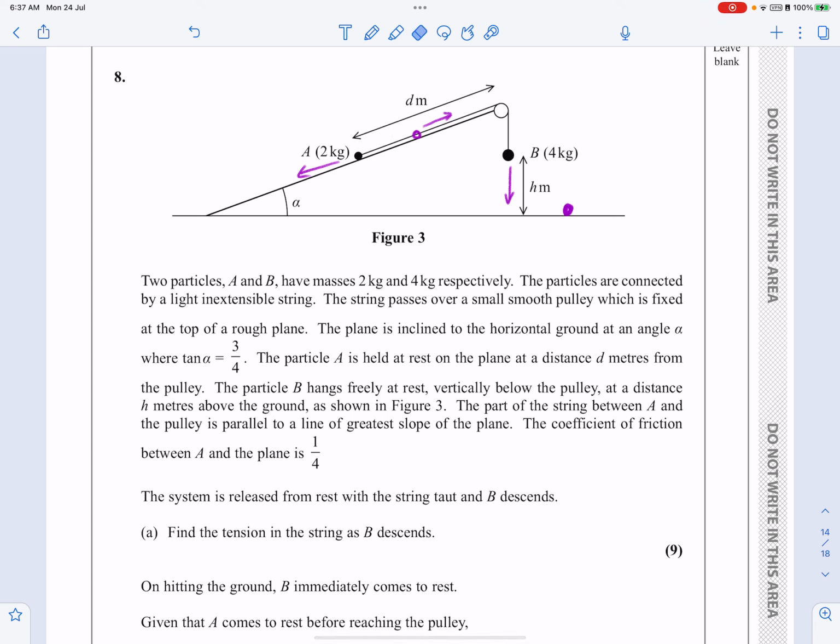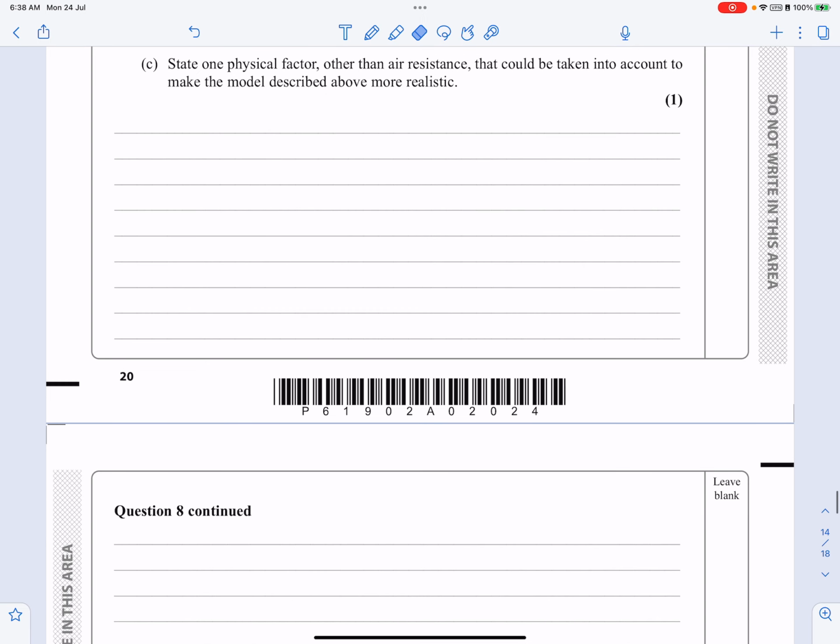So let's get started with doing it. What I can't do is try and draw all my forces on that diagram. It's not big enough. So I'm going to use this little bit of space down here, and I'm going to draw my diagram out so I can put all my forces on nice and neatly.